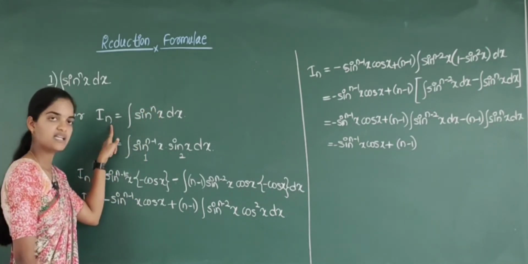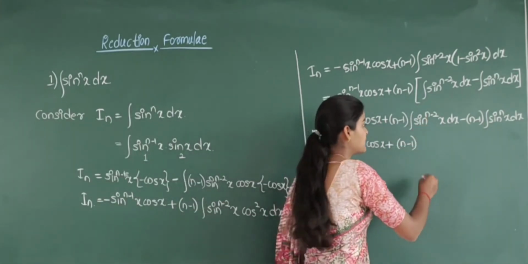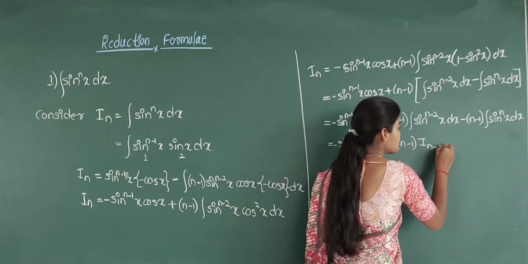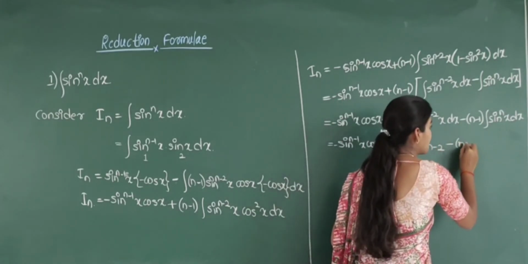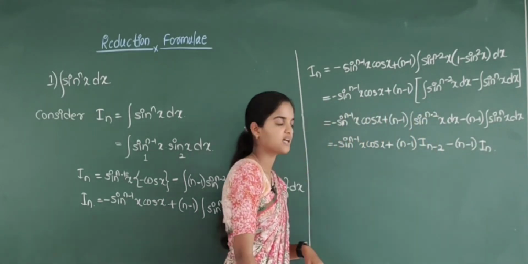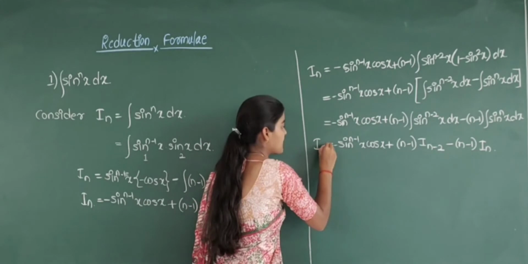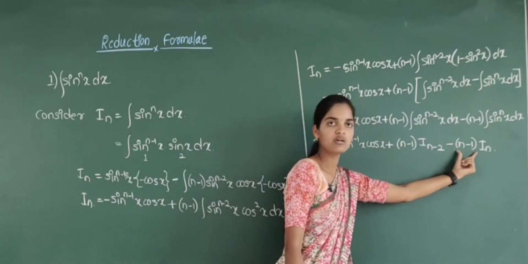So it is IN. Similarly, here the power is n minus 2, so I have to write it as IN minus 2. Then minus n minus 1 as it is, and it is nothing but our IN. That is the consideration we have taken. And this side again it is IN.